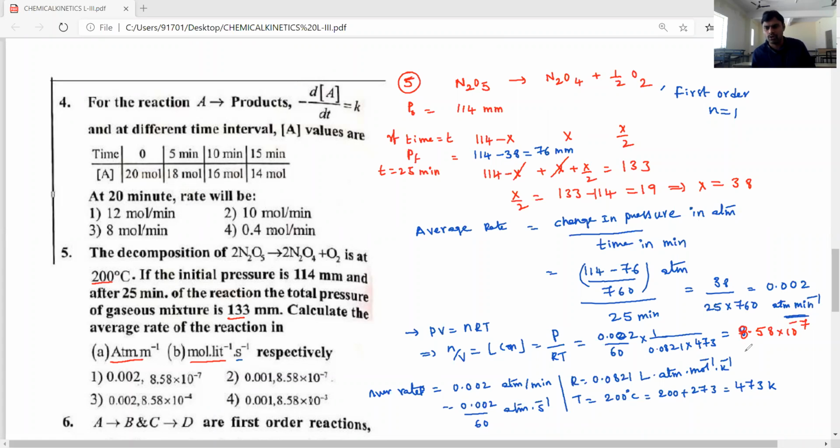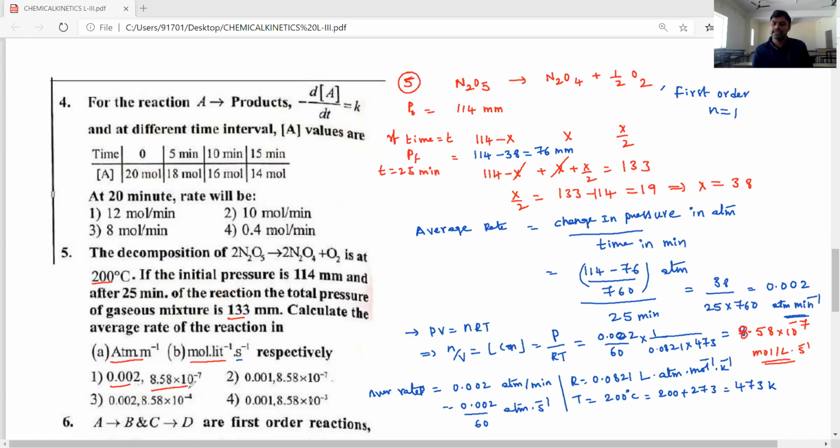The units are mole per liter second inverse. So the answer: in terms of pressure, the average rate of the first order reaction is 0.002 atmosphere minute inverse, and in terms of concentration it is 8.58 into 10 to the power of minus 7.